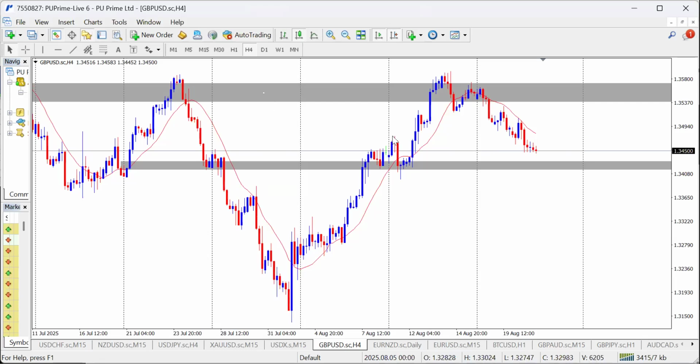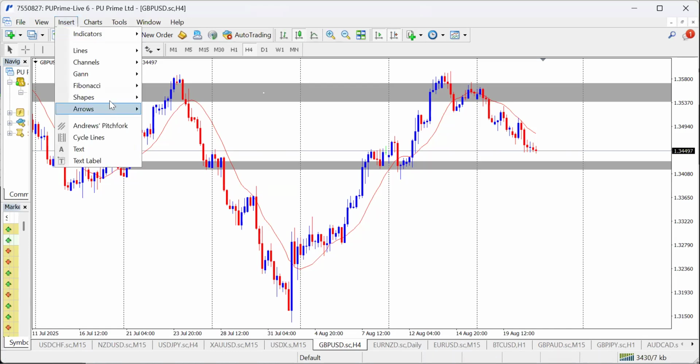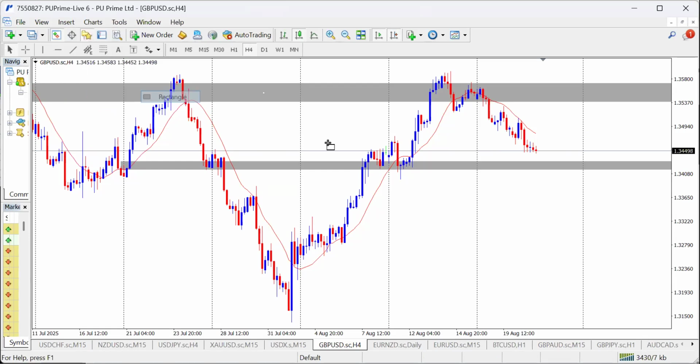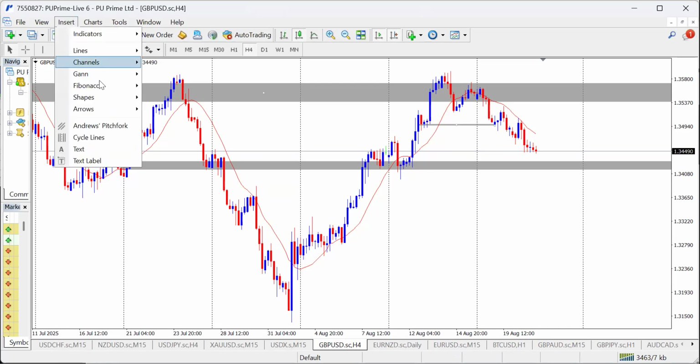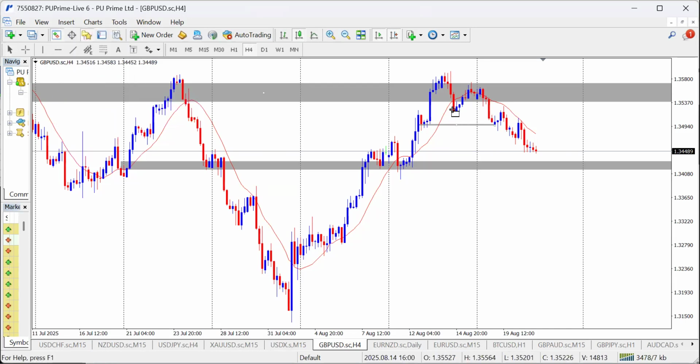We had a break of this level, and we can see that the market broke this level and we retraced up to this zone. So we had a break, and the market retested this zone before we start selling.